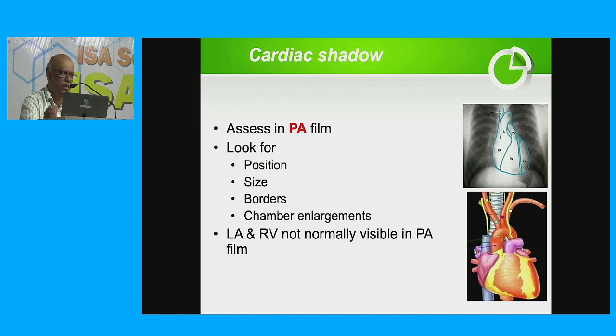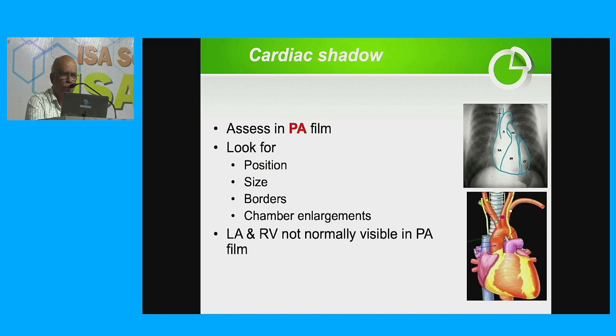So the cardiac silhouette should be very sharp and delineated, and look for the position, the size, the borders, any chamber enlargements. Normally the left atrium and the right ventricle are not visible in a PA film. So you should know the structures which constitute the borders of the heart.